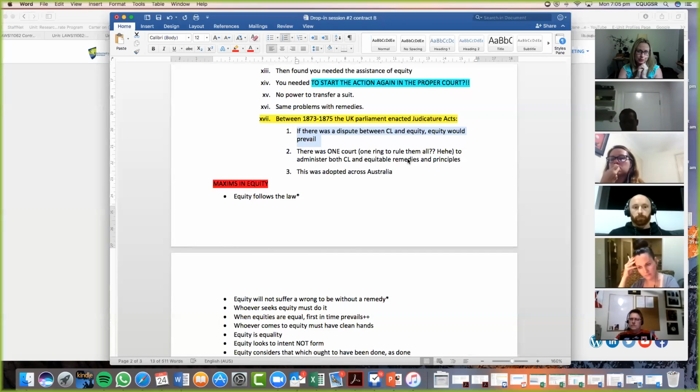These principles will be fleshed out much more when we talk about undue influence and unconscionable conduct in week 4. But yes, it has to be something much more than just a little bit of unfairness for that equitable jurisdiction to be enlivened.